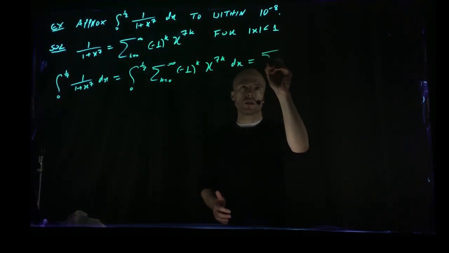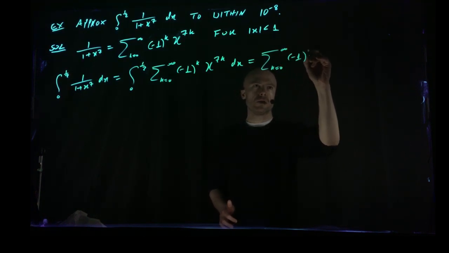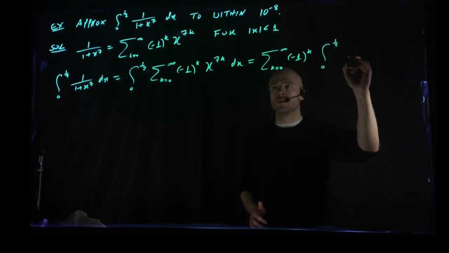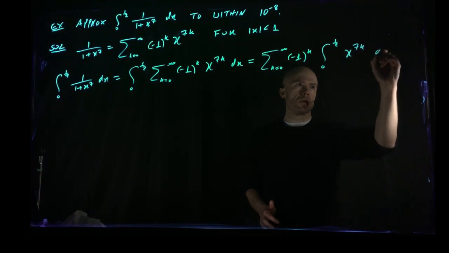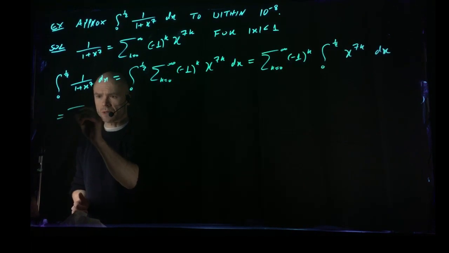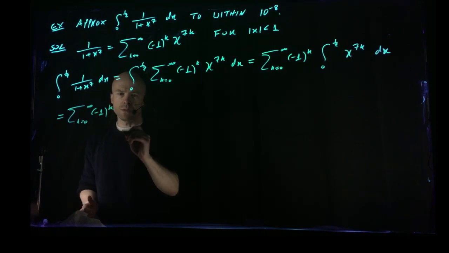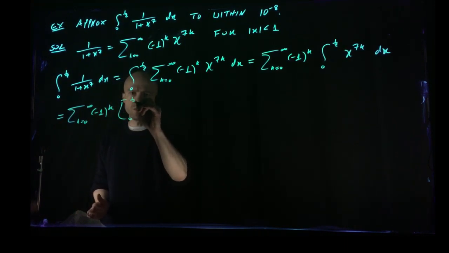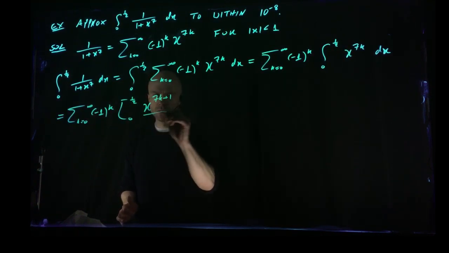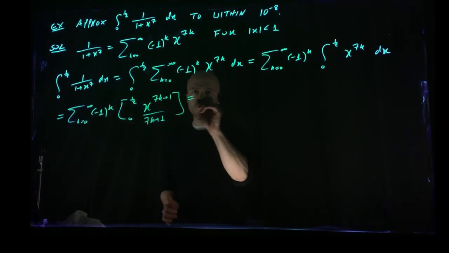So we're going to do this like this: the sum from k equals 0 to infinity of minus 1 to the k, and then we integrate from 0 to 1 over 2 of x to the 7k dx, right? And then we get the sum from k equals 0 to infinity of minus 1 to the k, evaluated from 0 to 1 over 2, of x to the 7k plus 1 over 7k plus 1. We put in the numbers, and we get this.